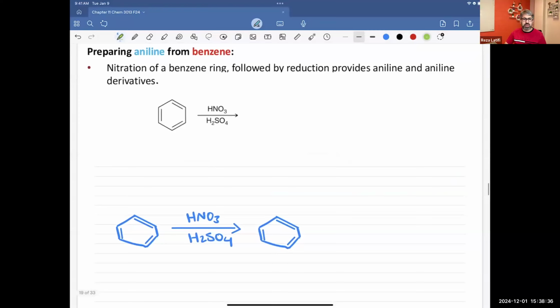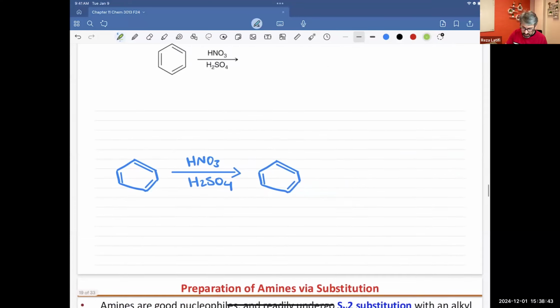Another method that we can use to produce amines is nitration. In nitration, we start with nitric acid in the presence of sulfuric acid. That's going to give us an electrophile, NO2 with a positive charge. This species is super unstable and it's going to attack the benzene ring and replace H by NO2.